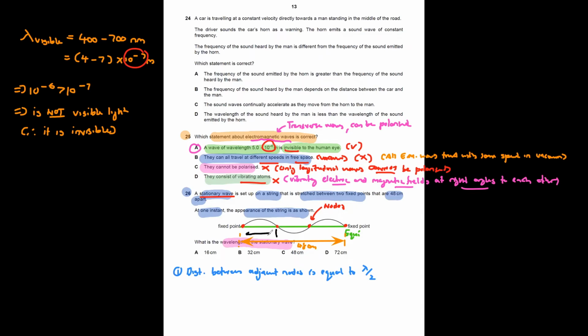We have one half wavelength here, another half wavelength here, and then another half wavelength here. So we have three half wavelengths. Three half wavelengths is equal to 48 centimeters. If we solve this, we get 48 times 2 divided by 3, which is 32 centimeters. Okay, so that's for this one.